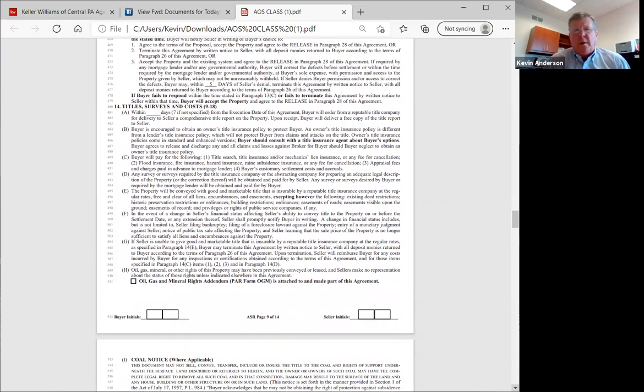Very few know or pay attention to 14A, which says within blank days, 7, if you fill nothing else out in here, it's 7 days. From the execution date of this agreement, the buyer will order from a reputable title company for delivery to seller a comprehensive title report on the property. Upon receipt, the buyer will then give that report to the seller.